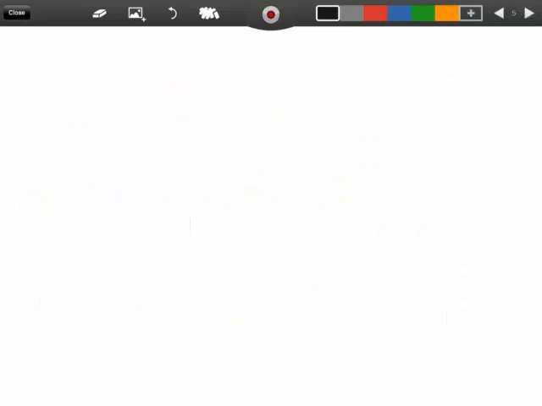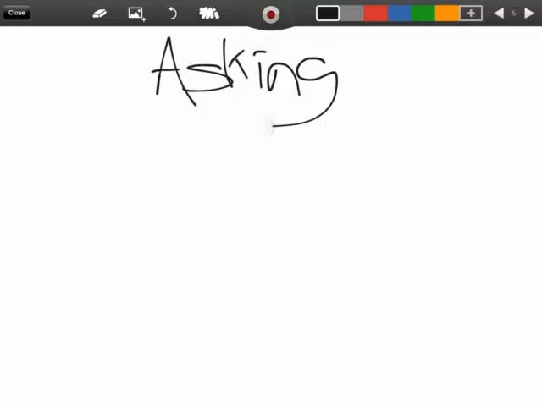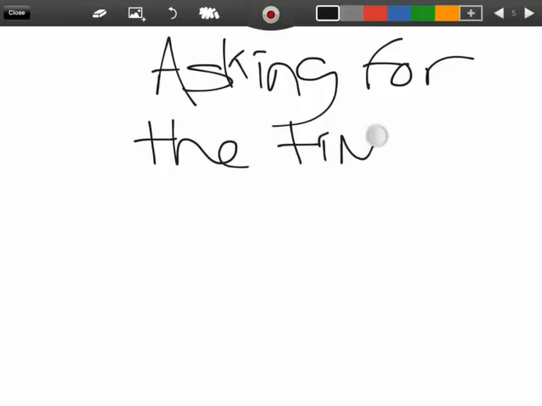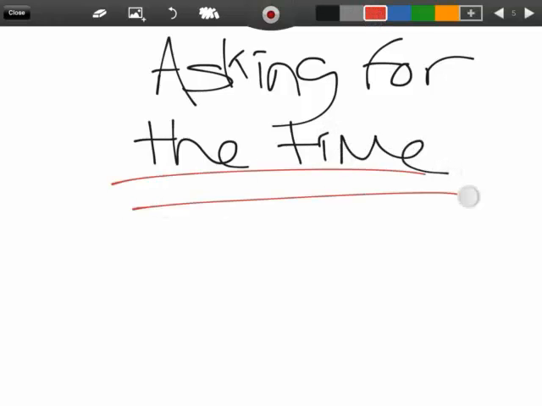Now, moving on to our next section, asking for time. You approach someone and you don't know what time it is. You want to ask them for the time. How would you ask them? Well, the common question forms we use to ask for time are what time is it, or what is the time. I'm going to go ahead and write that out for you.